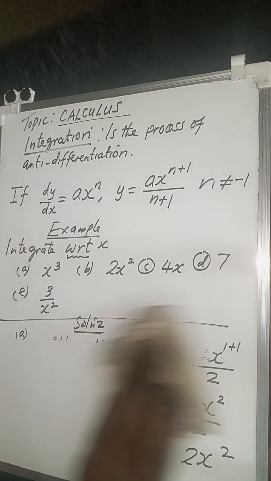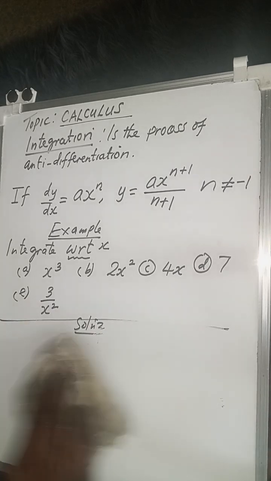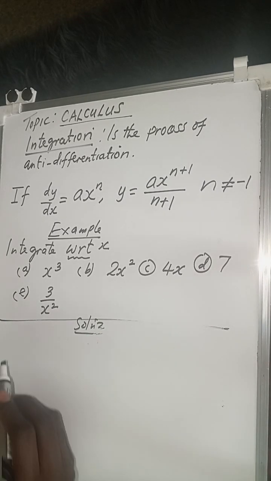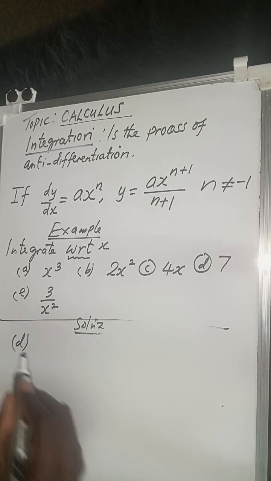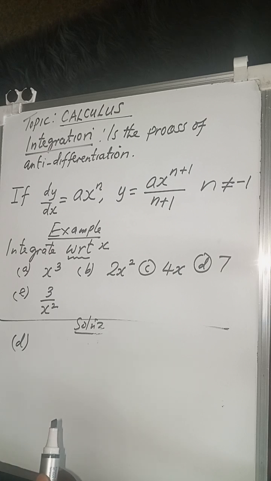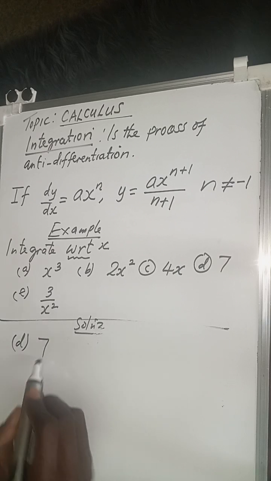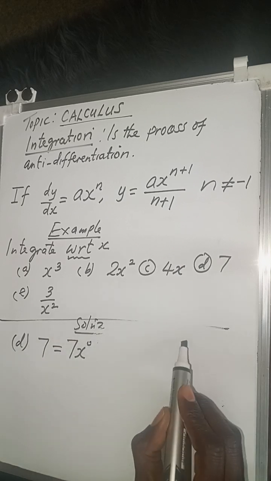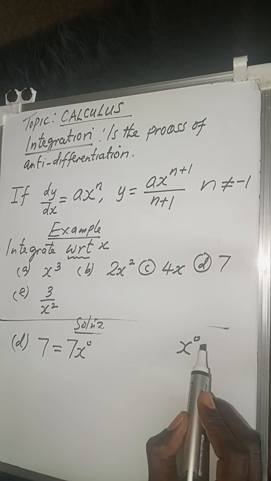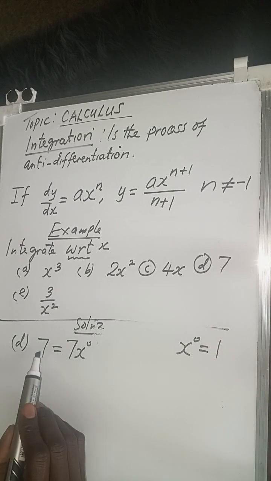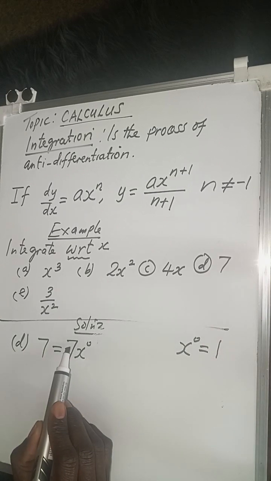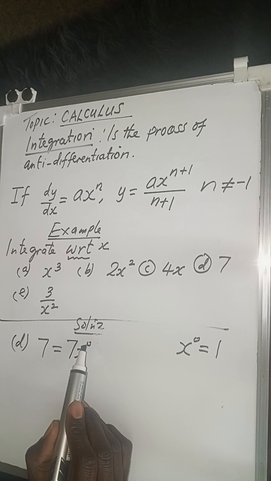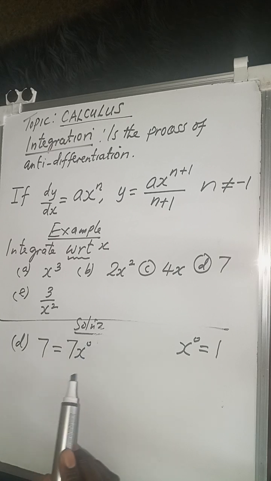Now suppose you just have a number and they tell you to integrate. How is that going to be like in the d part? Well, if you just have a number and they tell you to integrate, for example, you have 7, that 7 means that you had x to the power 0. Remember we said any number raised to the power 0 is equal to 1. So meaning that 7 can also be written as 7x raised to the power 0.